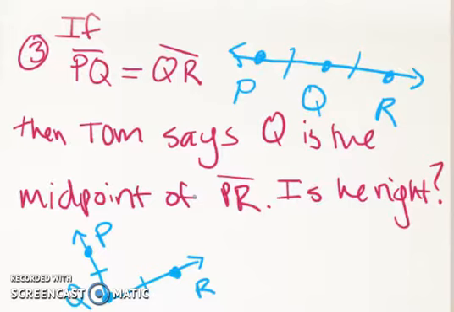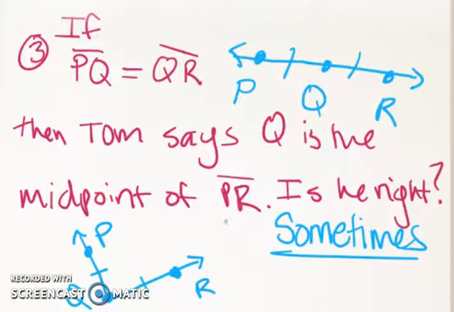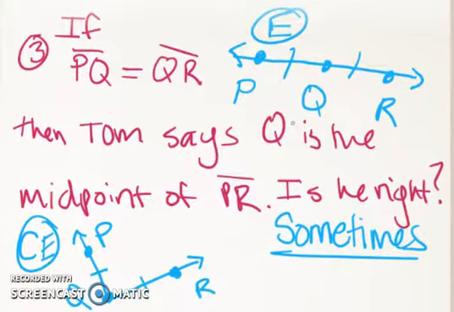In order to be a midpoint, we would have to say that all 3 letters are collinear. So is he right? My answer would be sometimes. He's going to be right sometimes, but he's not fully right. Here's a great counterexample, and here's a great example for him. So we can go to both and see he has some things right, other things wrong.